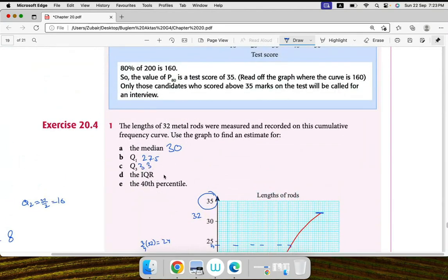And interquartile range is upper quartile minus lower quartile, which is 5.5.